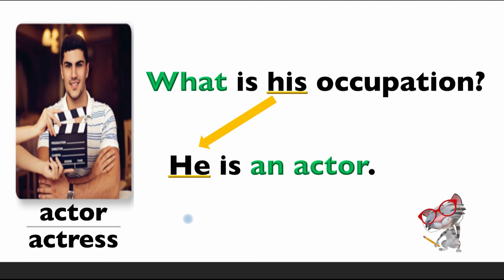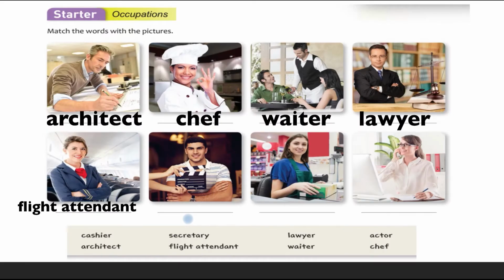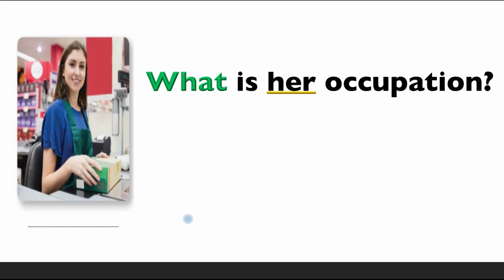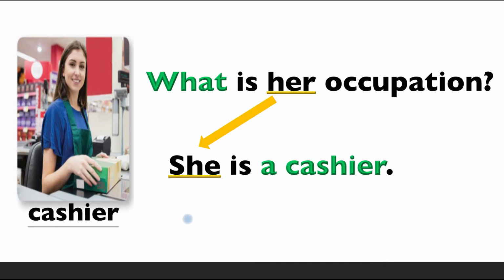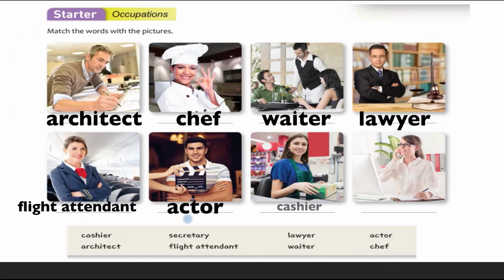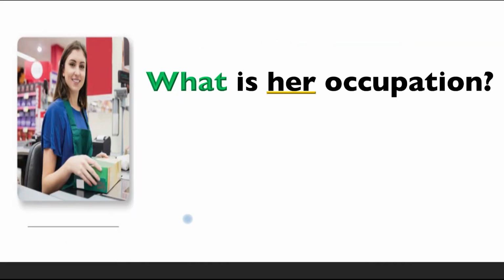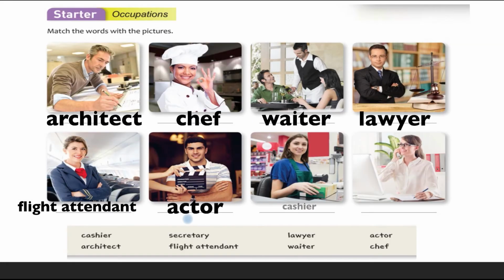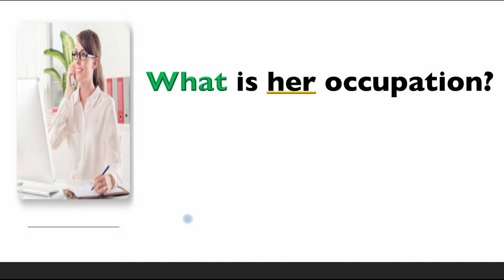So again, like waiter and waitress, we have actor and actress. And then we have, what is her occupation? She is a cashier. Yes, she is a cashier. And the last one. Oh, there we go. What is her occupation?